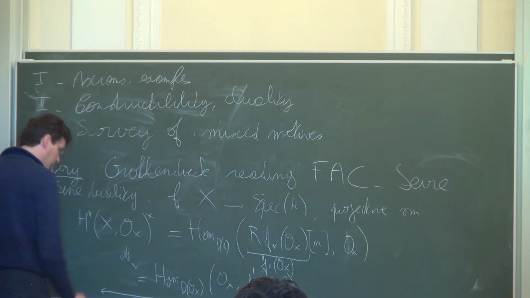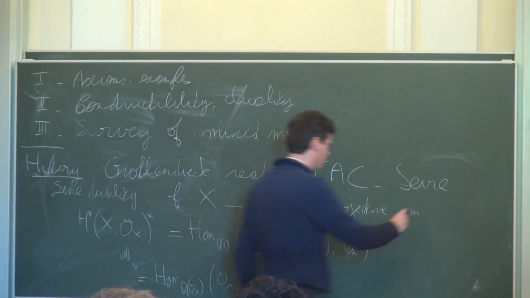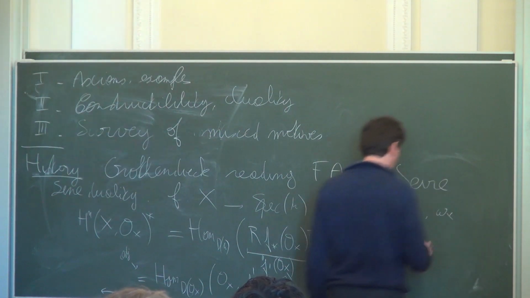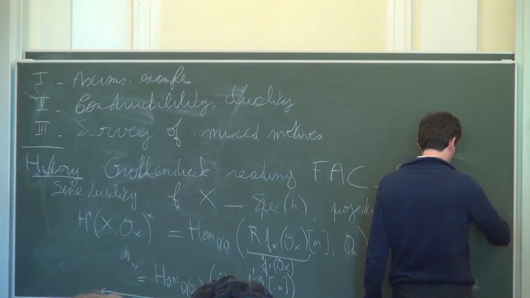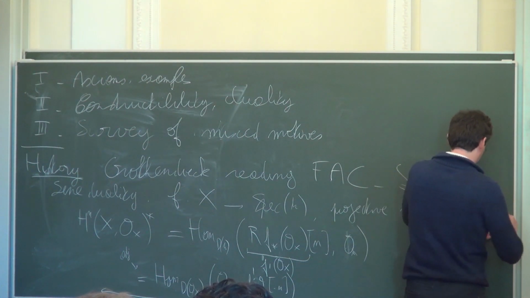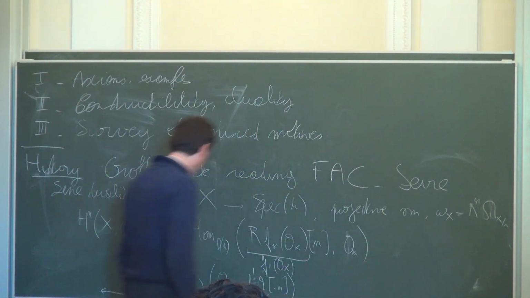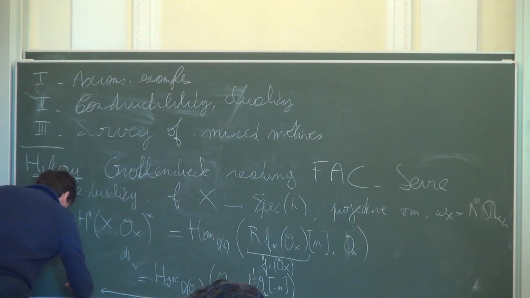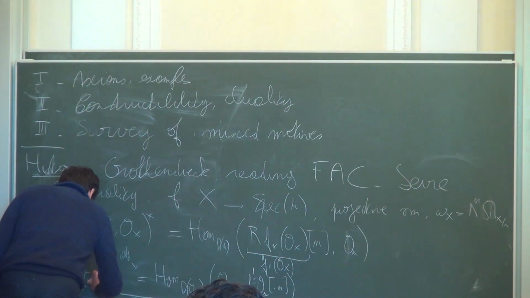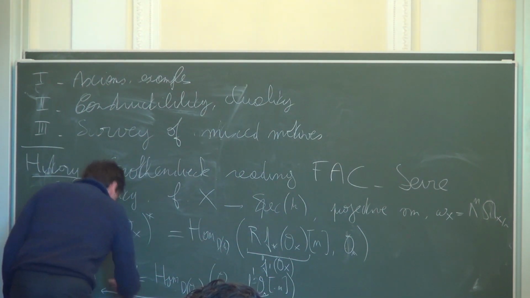Now the duality occurs here because f is smooth. You can write omega_X for the so-called dualizing sheaf, which is just the nth exterior power of omega_X. Then you can compute explicitly this adjoint, and this is omega_{X/K} shifted d times, because f is smooth.